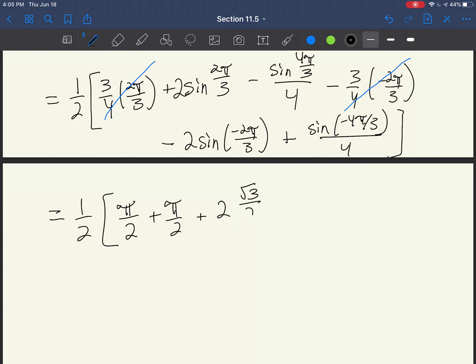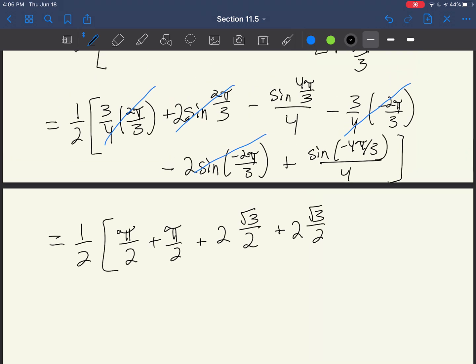Sine of 2 pi over 3 is root 3 over 2. And negative 2 sine of negative 2 pi over 3. Sine of negative 2 pi over 3 will be negative root 3 over 2. The two negatives will cancel, giving us another 2 root 3 over 2.